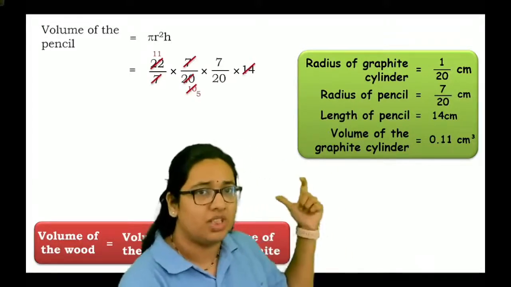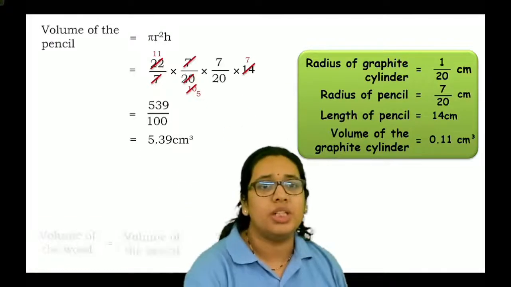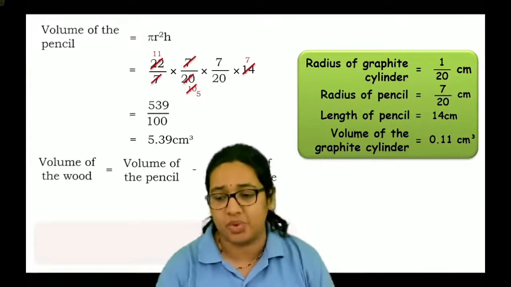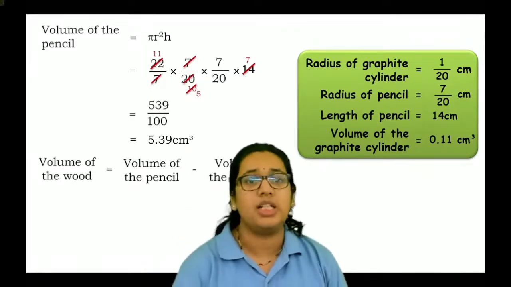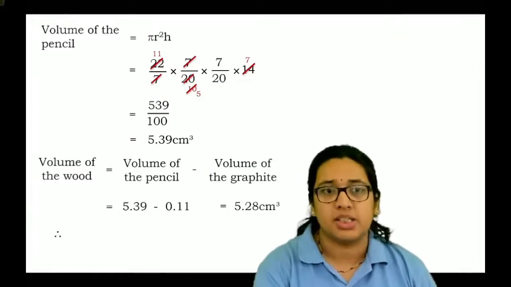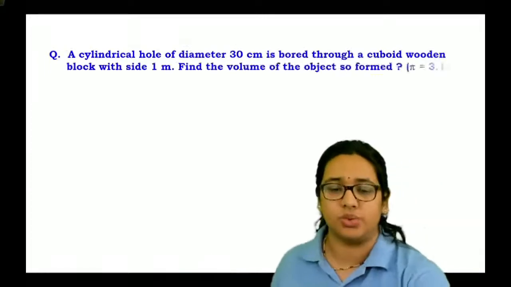So 7 will get cancelled, and if you calculate, then you will get the volume of the pencil as 5.39 cubic centimeter. Hence, the volume of the wood is nothing but this one.